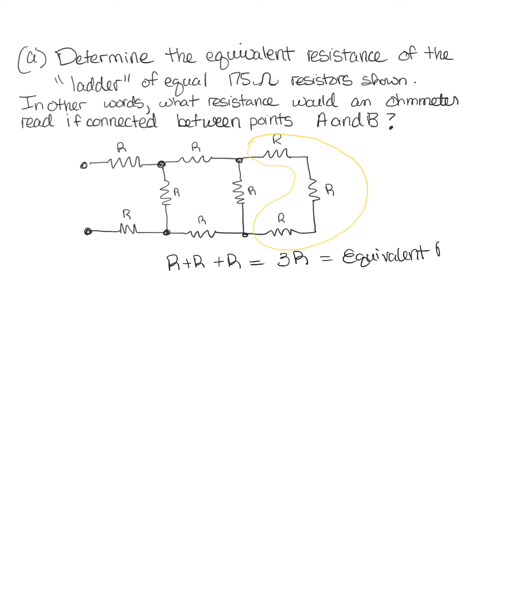which I'm going to label. This is our equivalent resistance 1, which I'm just going to call REQ1. All right, so then we have to redraw our circuit. Oh, I should probably put the resistor in there.